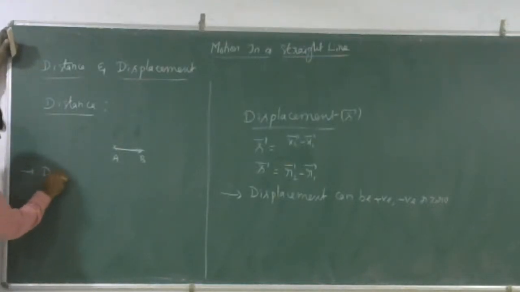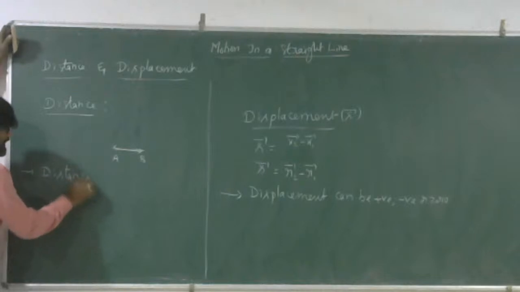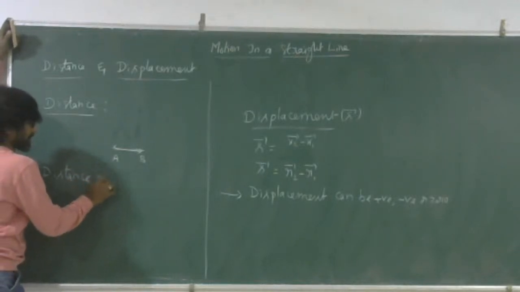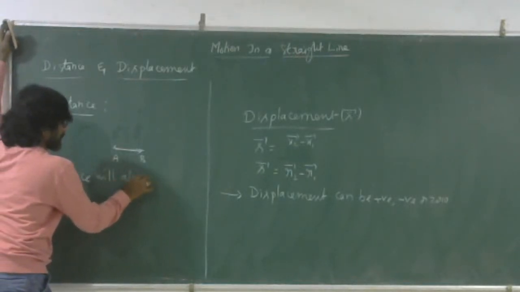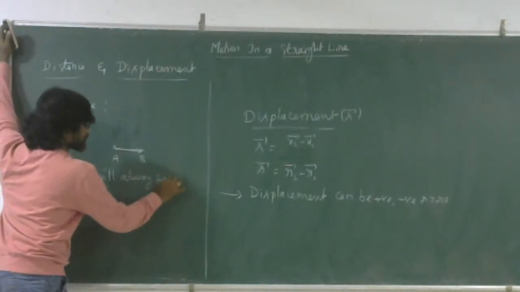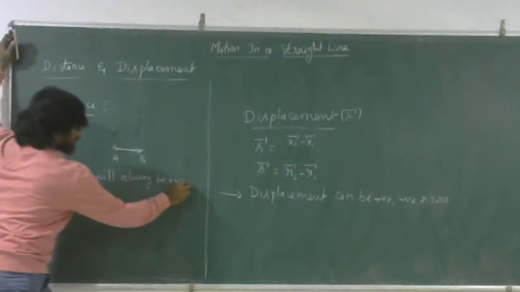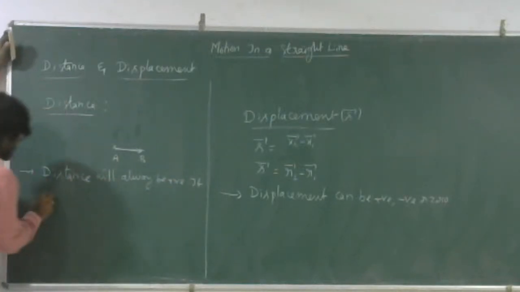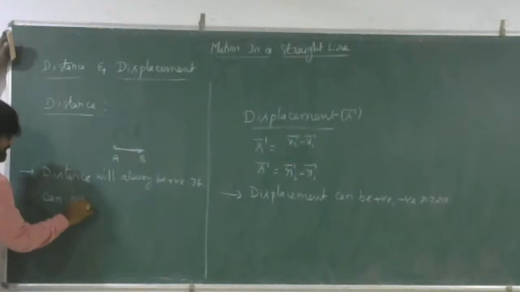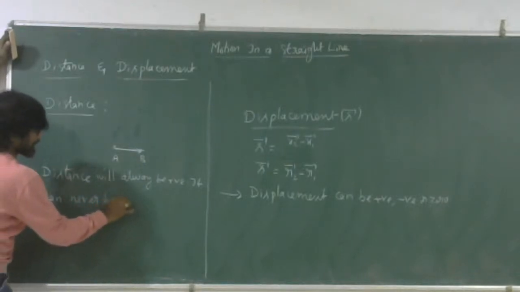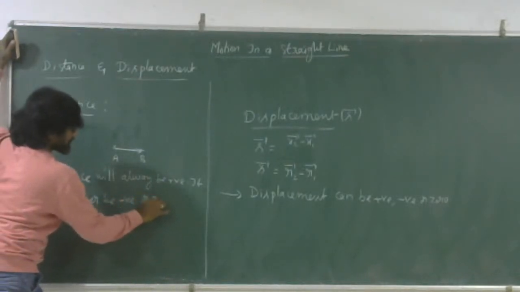Whereas distance will always be positive. It can never be negative or zero.